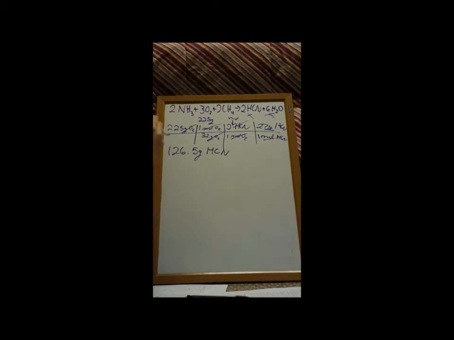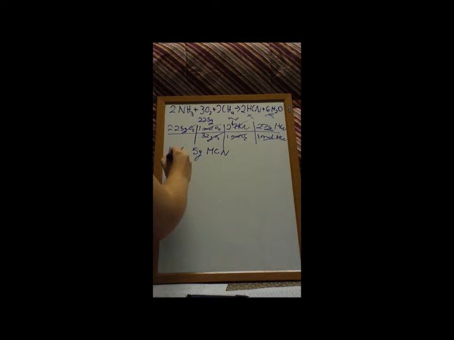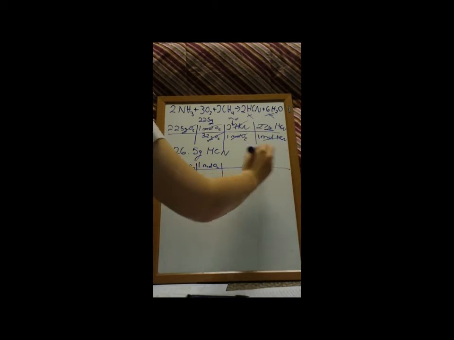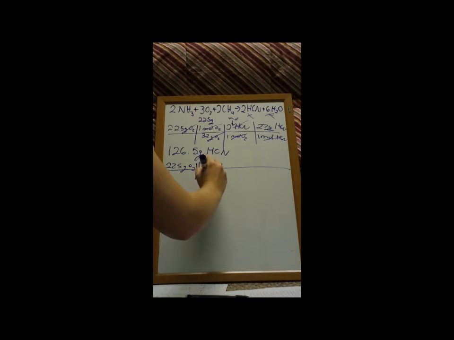Now we're going to do the exact same for the 6H2O. We'll have 225 grams O2, and we're going to work with 1 mole O2 is 32 grams O2.